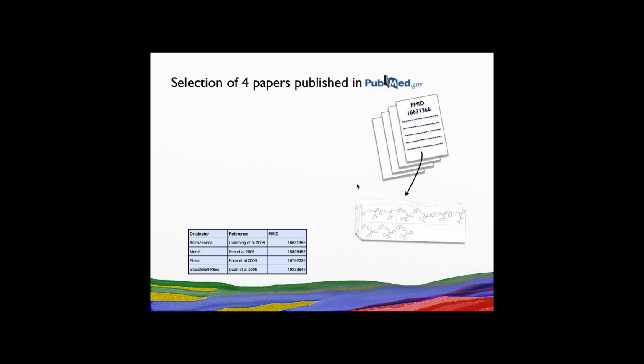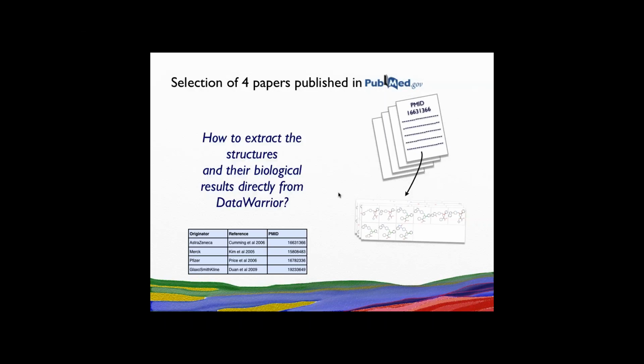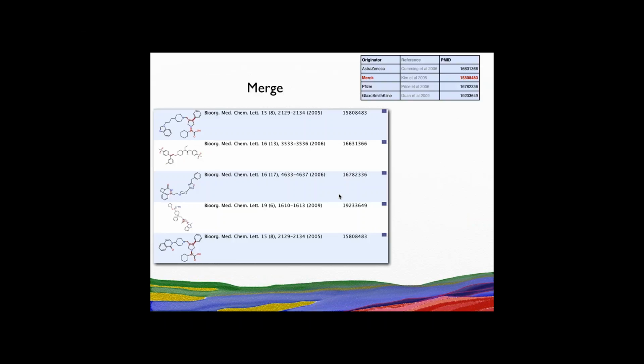She explains in the first part how to extract all the structures and their biological results from the papers using the ChEMBL website. I'm going to explain how to extract these structures directly from DataWarrior, because DataWarrior has a built-in functionality that allows you to connect to the ChEMBL database directly. When you retrieve the data, it will look like that.